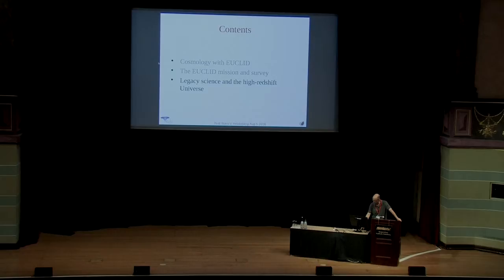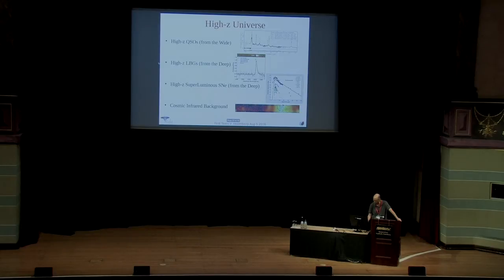Okay, so let me now move to the last part of my talk, the high redshift universe. What Euclid will do in relation to the high Z universe is listed here.